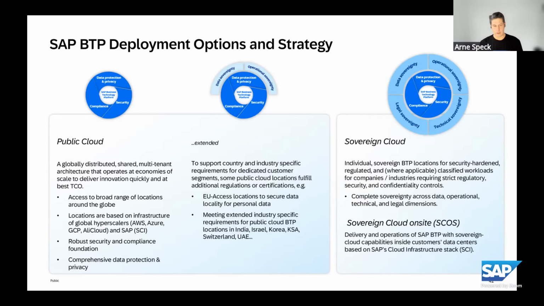Another thing that we're starting to offer now is sovereign cloud on-site. That is for very specific large customers with sovereignty requirements, where we even have the possibility to bring the complete infrastructure stack of SAP with BTP on top into the data centers of the customers and then also operate them exclusively for those customers.